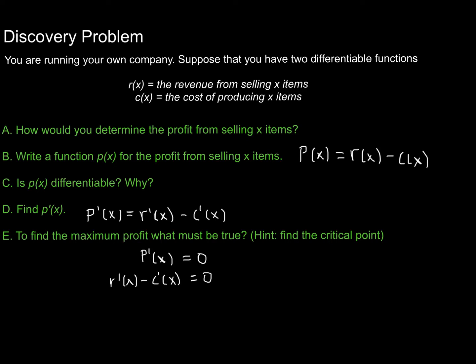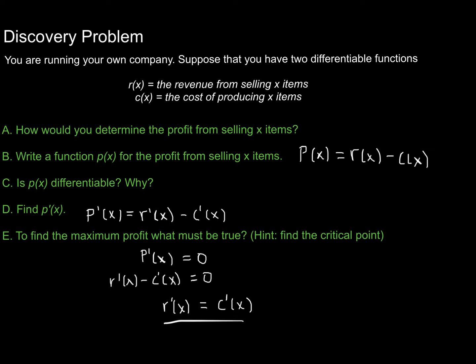Looking at this relationship, what you notice is that the derivative of the revenue minus the derivative of the cost must be equal to 0, which means these two things have to be the same. And by adding C prime of X to both sides, you can see that relationship. R prime of X will equal C prime. And this is an interesting relationship.